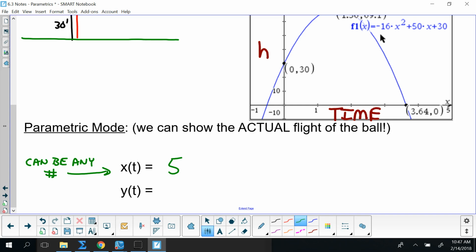Okay? The y part. What's the y part of a parametric equation? That's the vertical motion, right? So that's my negative 16 t squared plus 50 t plus 30. What's the only part that I'm missing?